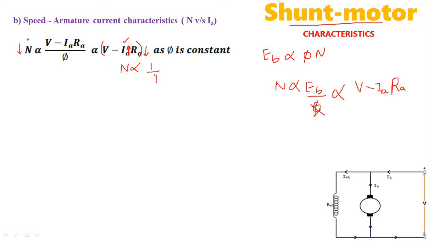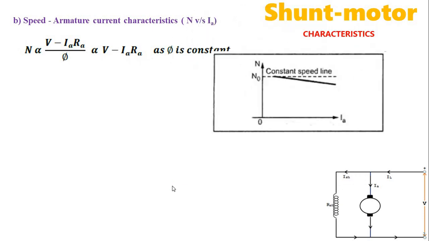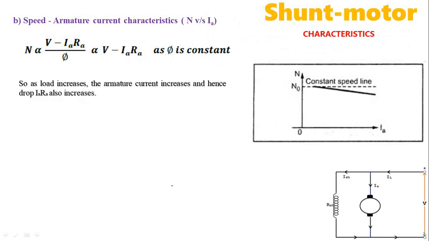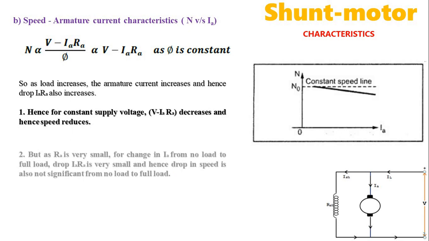Okay, so coming to the main point you have to understand: as load increases, armature current increases, hence Ia Ra drop increases, but V minus Ia Ra drop decreases, hence speed also reduces.